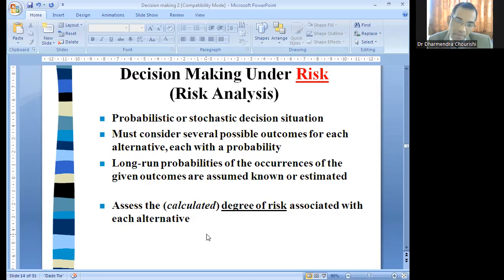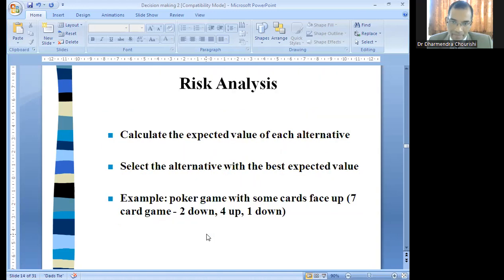We must consider several possible outcomes for each alternative, each with a probability. Probability, the possibility of a solution or outcome. The long run probability of occurrence should be calculated, assumed, predicted. Likewise, calculate the expected value of each alternative.